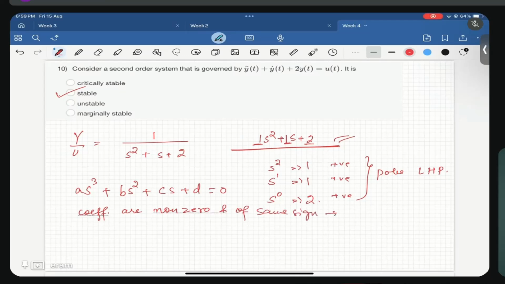for first and second order, we can say that the poles will lie on LHP.